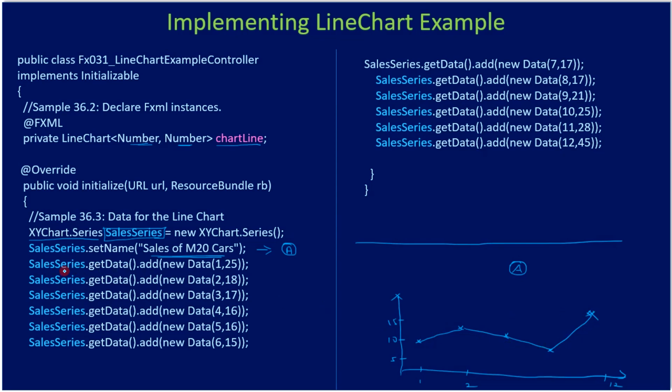Then sales series dot get data will give you the collection, and from that collection we are making a call to the add method. So we are adding the data. So what is the data? Data is new data. Here this data is actually, this is a line chart, right? LineChart.Data.